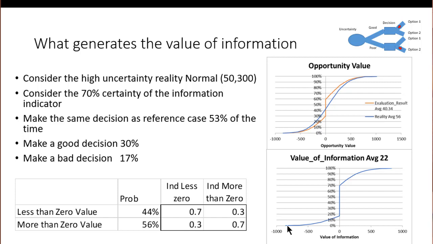So what would cause that? Well, what could cause it is I have misinformation. The outcome is actually very good, but the indicator says it's bad, so I don't develop it. So by not developing it, I get 0, whereas in the reality case, I would have gotten a really high outcome. So it's a negative outcome as far as the value of information is concerned.